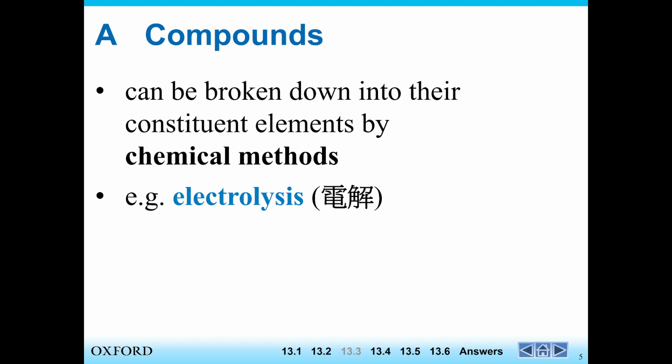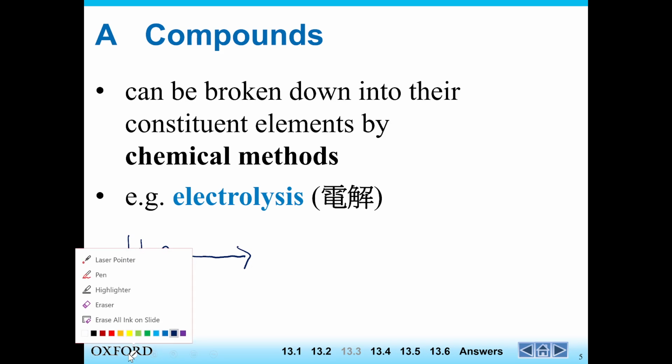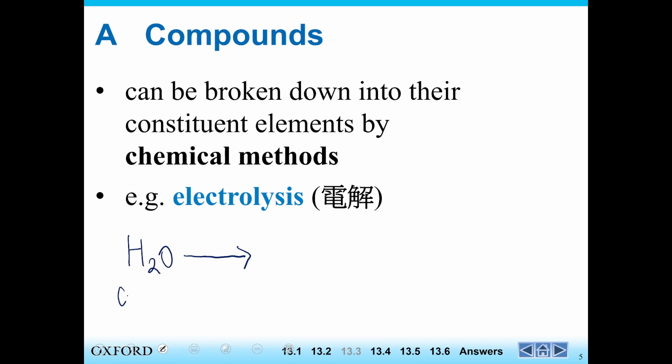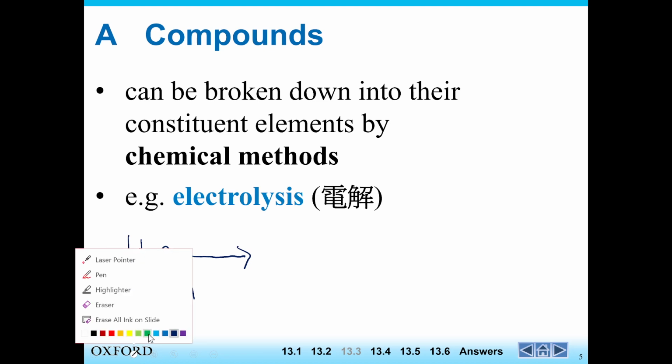Compounds, on the other hand, can be broken down into their constituent elements by chemical methods. Now, what does that mean? Remember you saw H2O? Now I can also do the reverse process of this. From H2O, from the compound, I could do the reverse process and get back my elements.